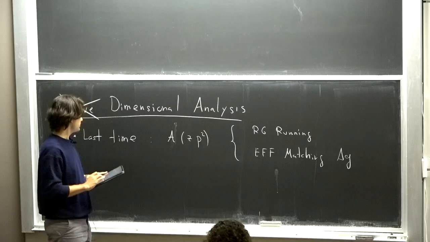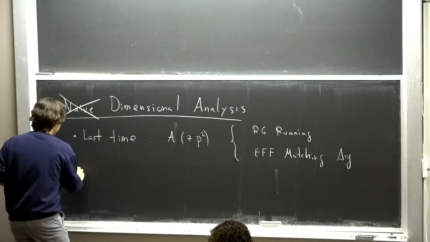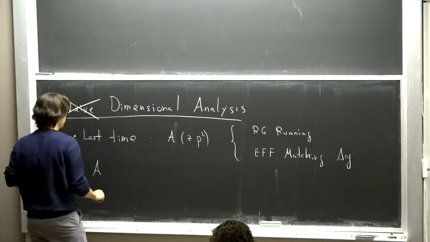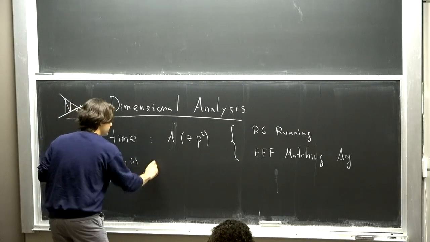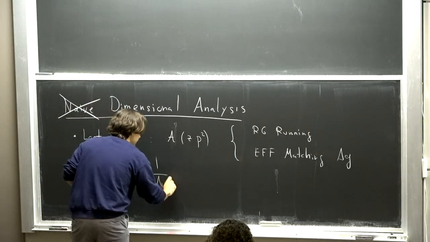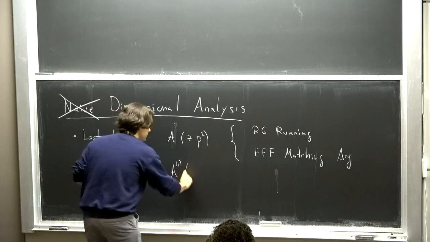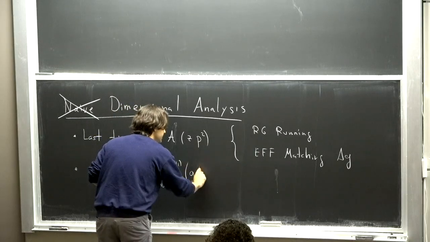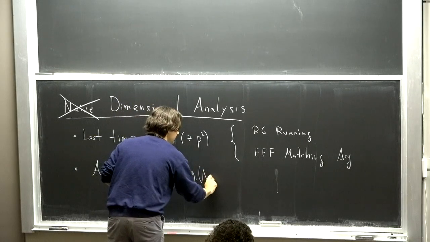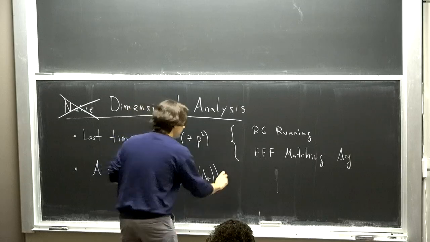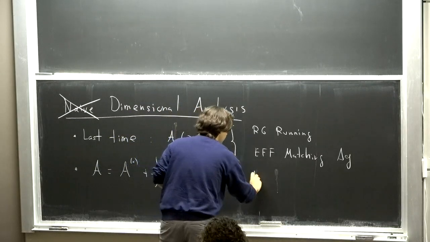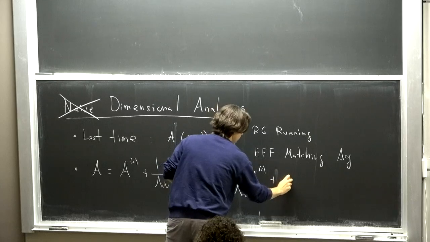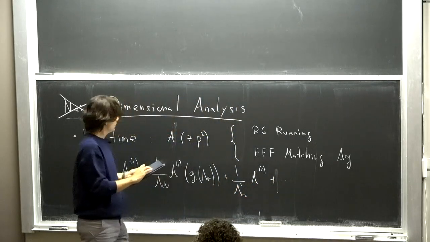Okay, so we are still in this setup where we are thinking about the amplitude as some low energy expansion in inverse powers of the UV scale, where each one of these things depends on a bunch of couplings that, thanks to the running, we saw also depend on this UV scale.